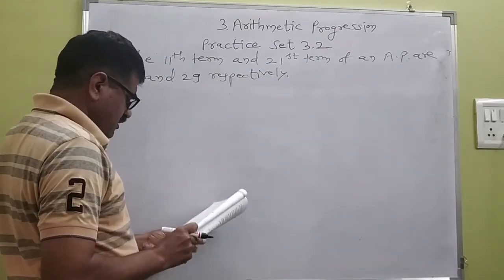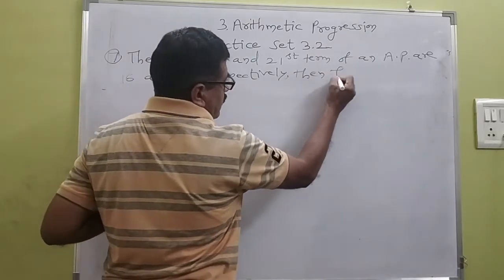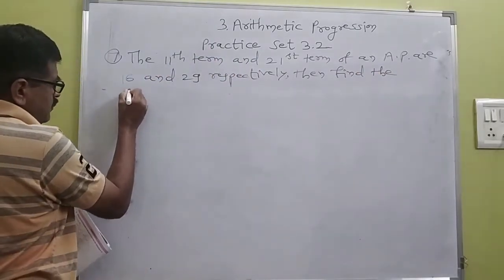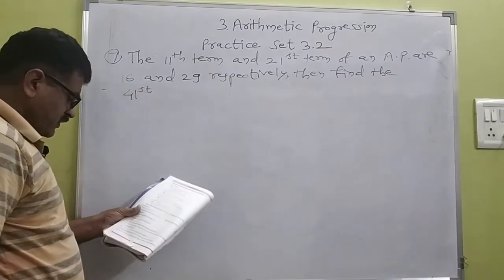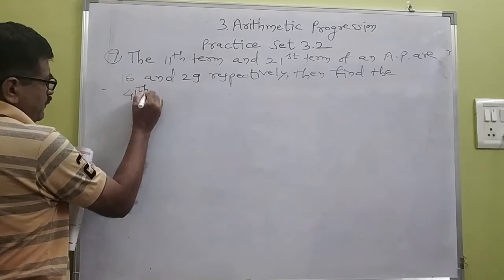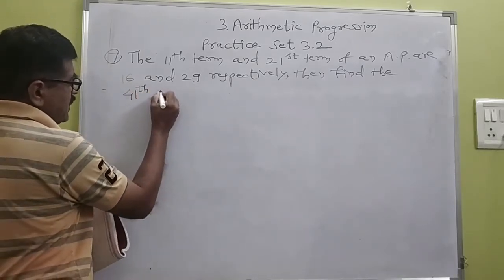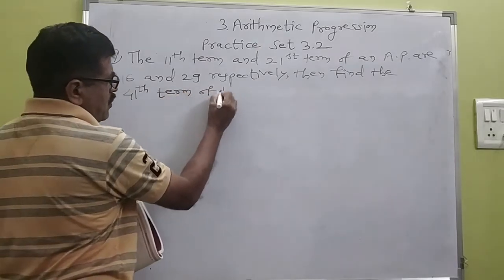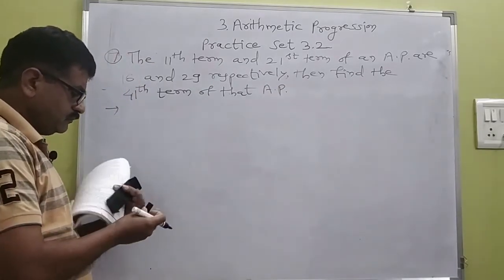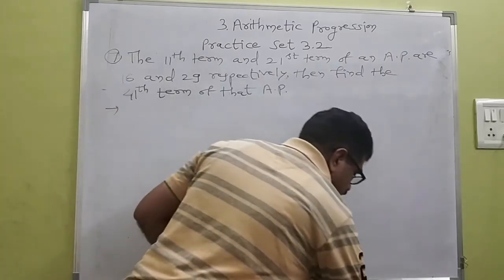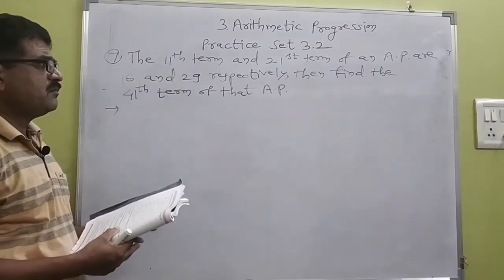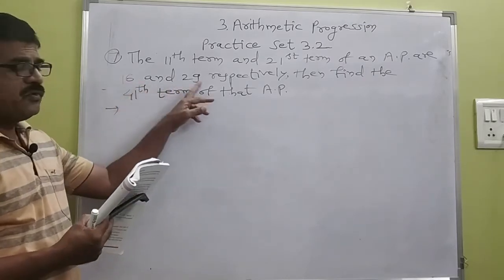Then find the 41st term of that AP. Now here the 11th term and 21st term of an AP are 16 and 29 respectively.